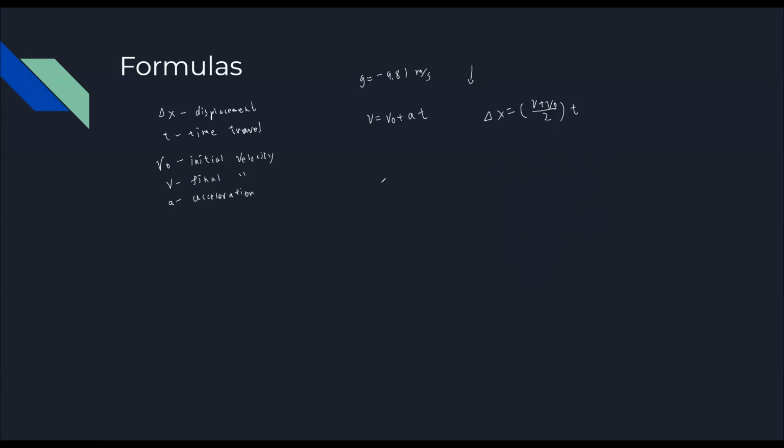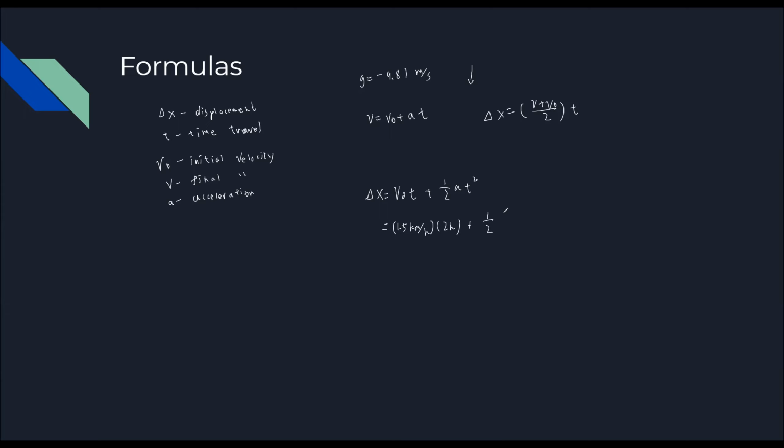Then now we have a formula which is missing the final velocity. So now it gets a bit more complicated. It's delta x, or displacement, is equal to initial velocity times time plus half of acceleration times time squared. So this gets a lot more complicated. Say we want to find the displacement. So let's say the initial velocity is 1.5 kilometer per hour times 2 hours, and we're writing the units to help us understand.